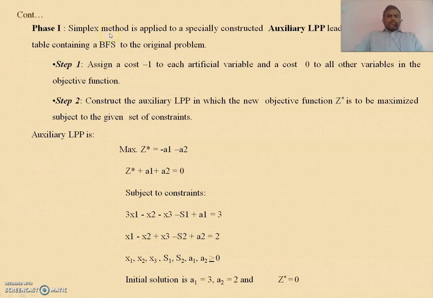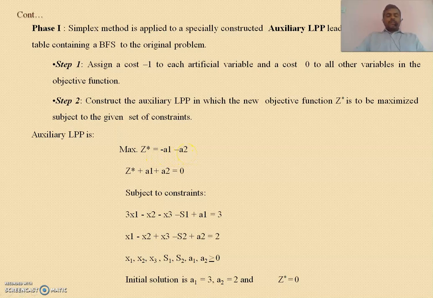Phase 1. Here we will find out initial basic feasible solutions. Here first step is assign a cost of minus 1 to each artificial variable and cost 0 to all other variables in the objective function. Here one thing is mentioned: maximize z star equal to minus a1 minus a2.